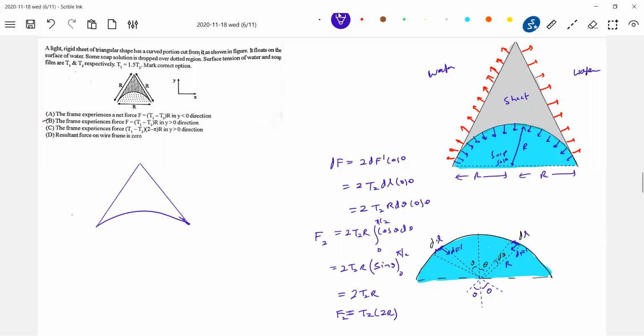Okay, now tell me, the force due to this, how much will the resultant force be? How much should it be?